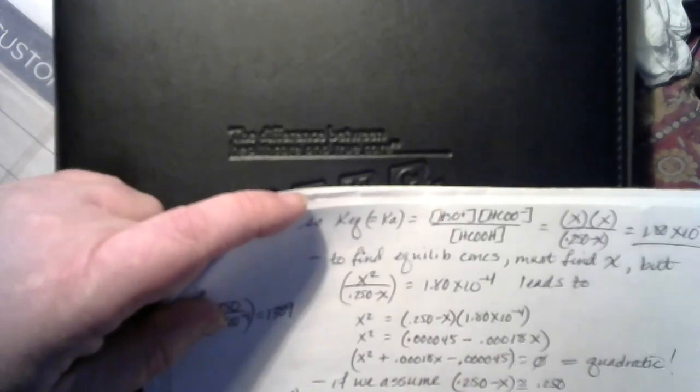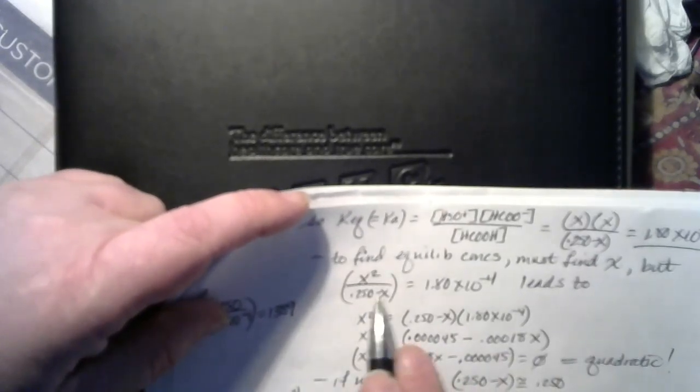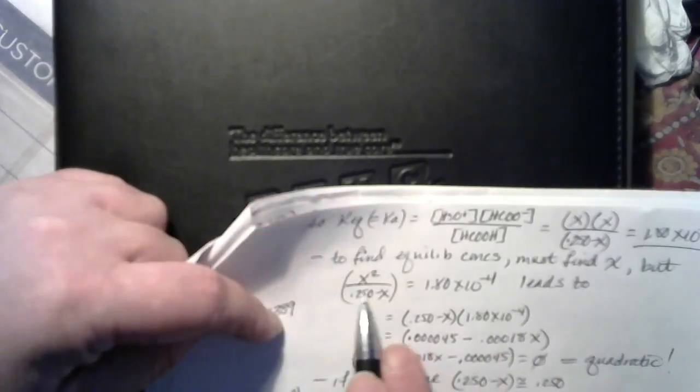So they're significant because they're on their own. But you can drop any x's that are being added or subtracted, as long as the initial concentration is greater than the equilibrium constant by at least a factor of 1,000.